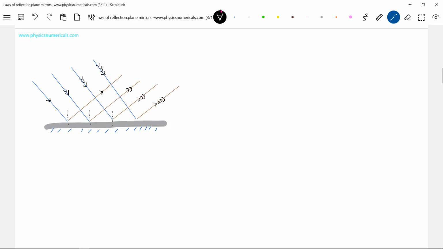Everywhere, let me show the normal. If a parallel beam of light is incident, the reflected light will also be a parallel beam of light. This is called regular reflection, or we can also call it specular reflection. Either word we'll use. This can happen provided the surface is smooth.